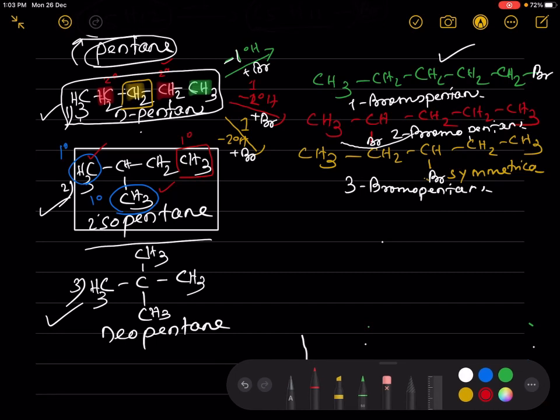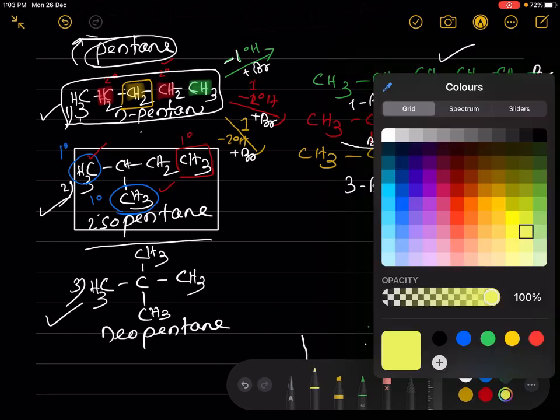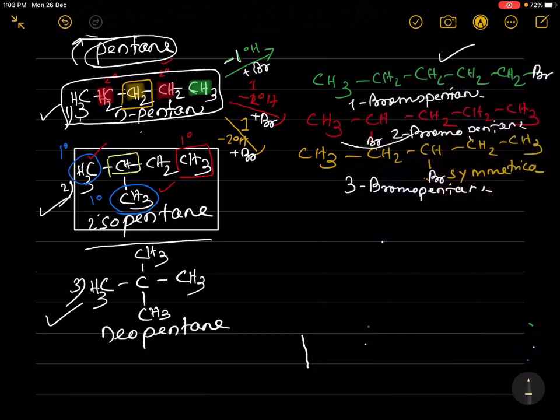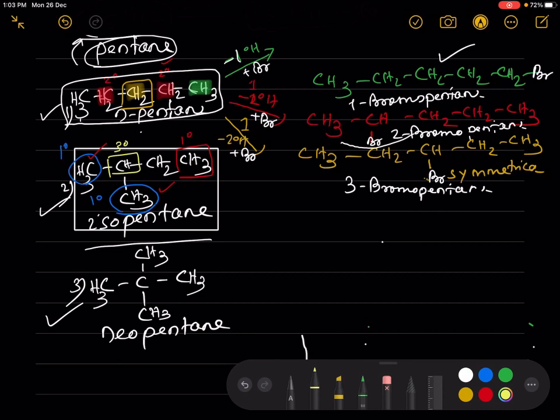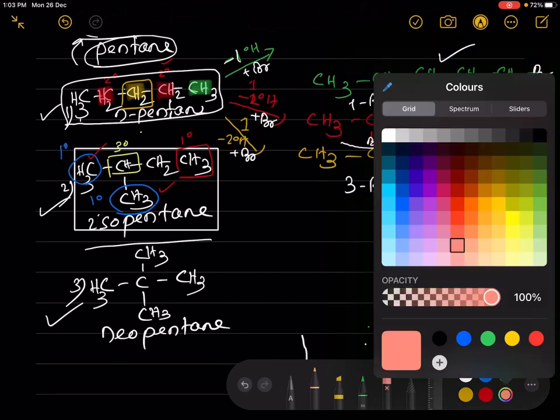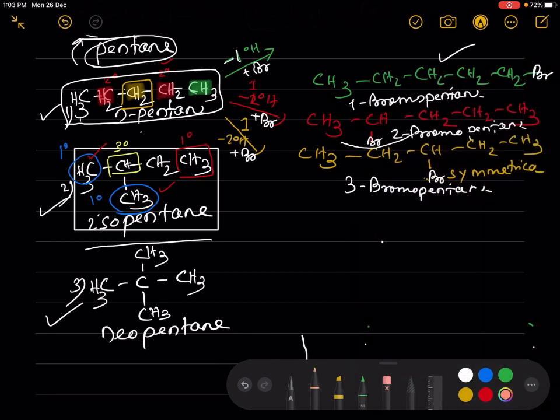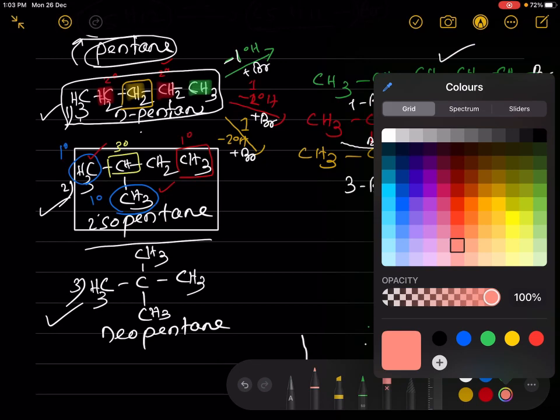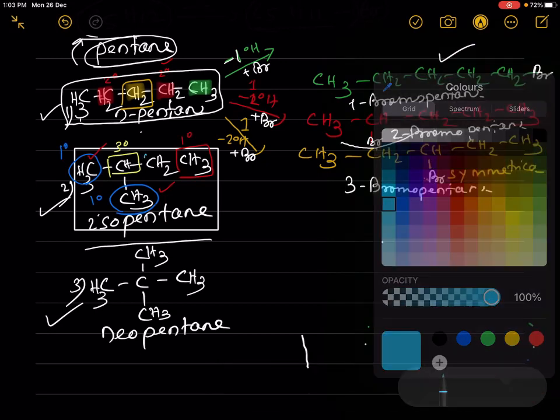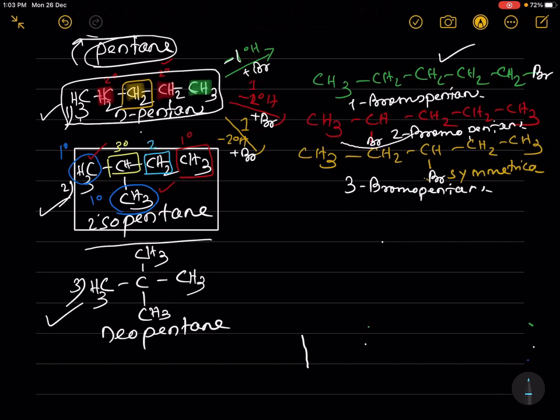Then this is a tertiary carbon, and this is a tertiary carbon, and this is a secondary carbon. So you see how many types of colors are given.